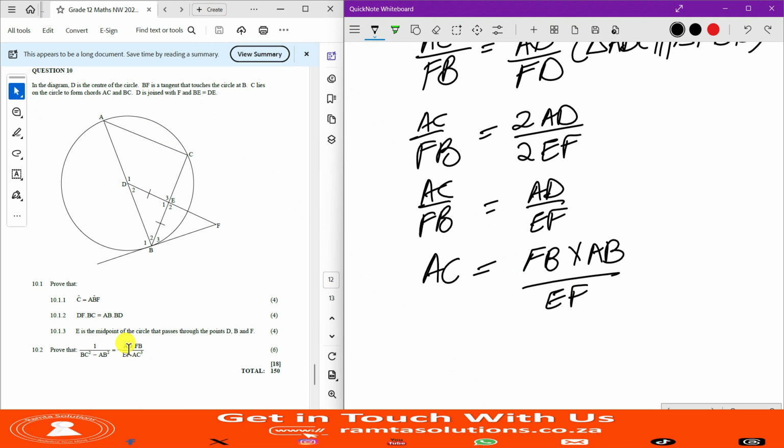I do see AD times FB over EF. Okay, so this means on both sides, I must be dividing by what? I'm not sure, guys. On both sides, what must I be dividing with?